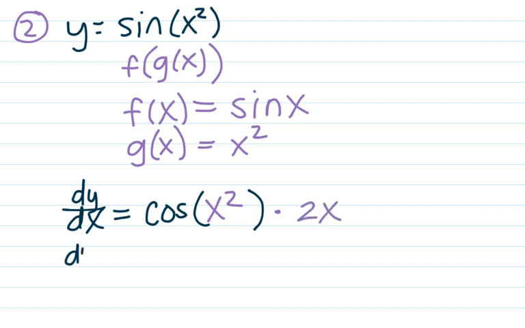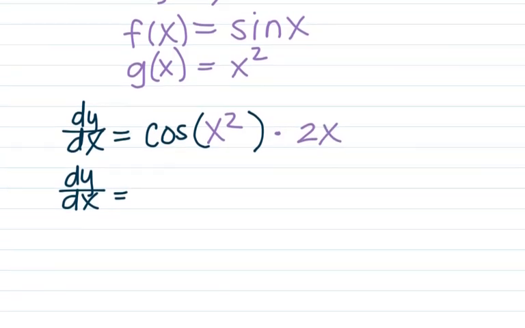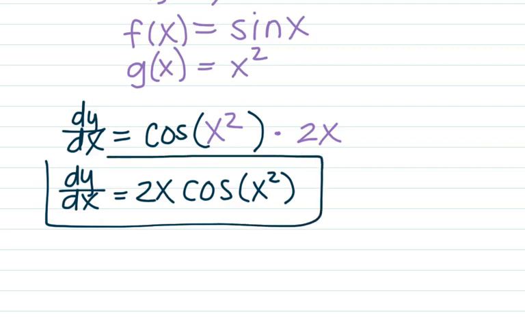Alright, and again, we're just going to kind of combine it all together. I like to bring things like 2x or any coefficient or just plain x's to the very front of a trig expression. So in this case, I would write this one as 2x cosine of x squared. And that would be our final answer for number 2.